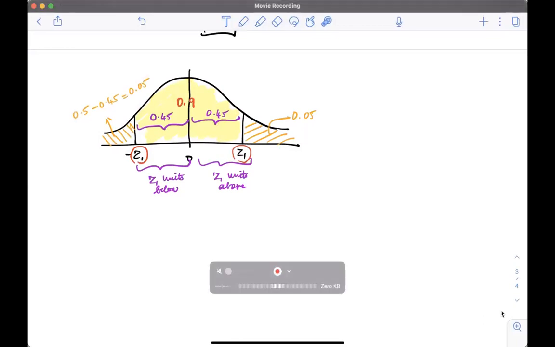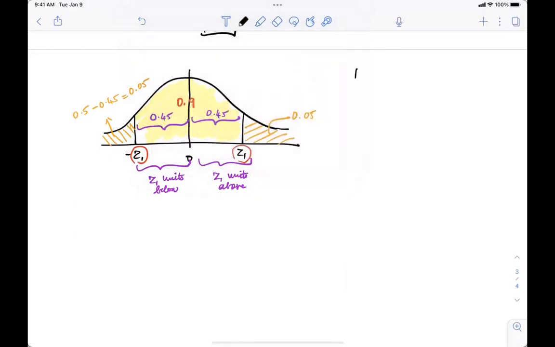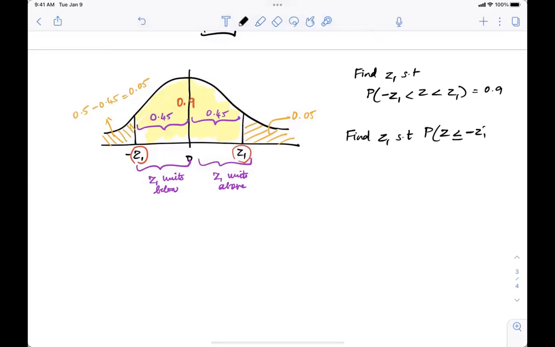Now, once you decode and unpack this problem this way, if we want to find Z1 such that the probability of minus Z1 less than Z less than Z1 is equal to 0.9, we can actually find Z1 such that the probability of Z being less than or equal to minus Z1 is equal to 0.05.